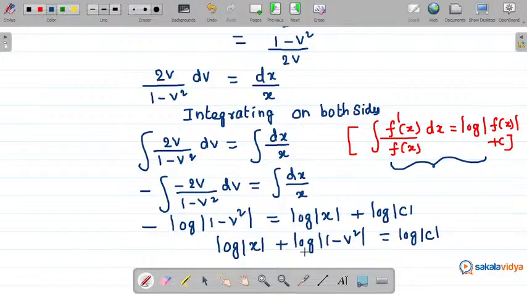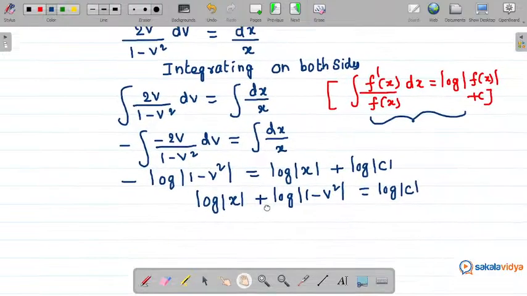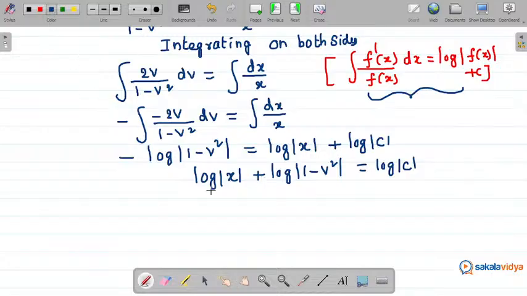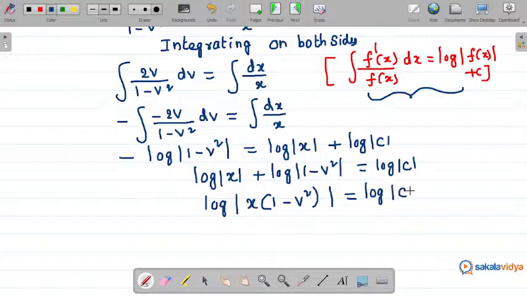See, by the log a plus log b formula, we can write log ab. So this can be written as log of mod x times 1 minus v square equal to log c. Comparing both sides, x into 1 minus v square must be equal to c. So we get x times 1 minus v square is equal to c.